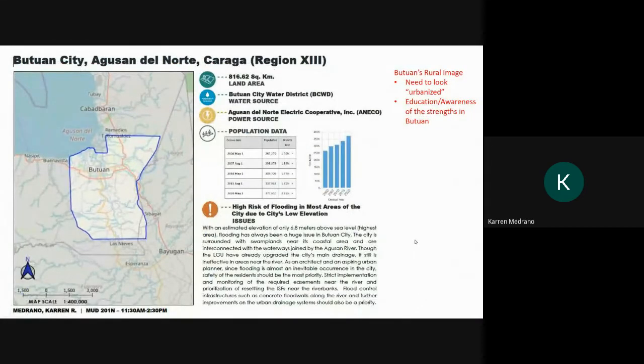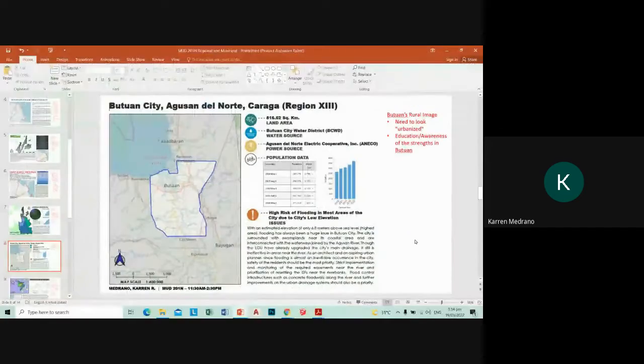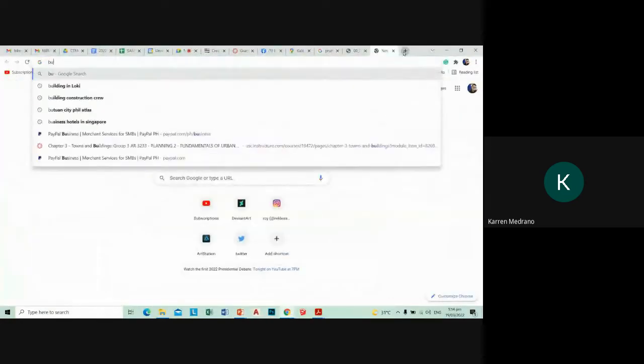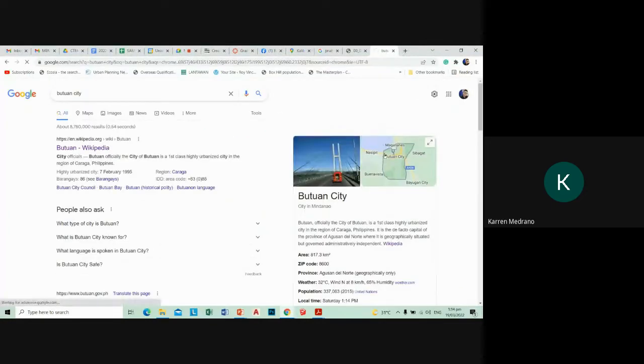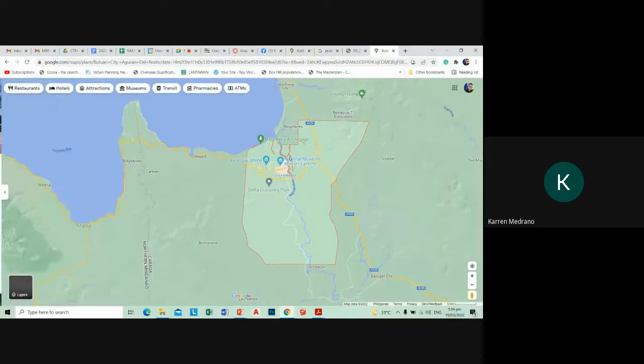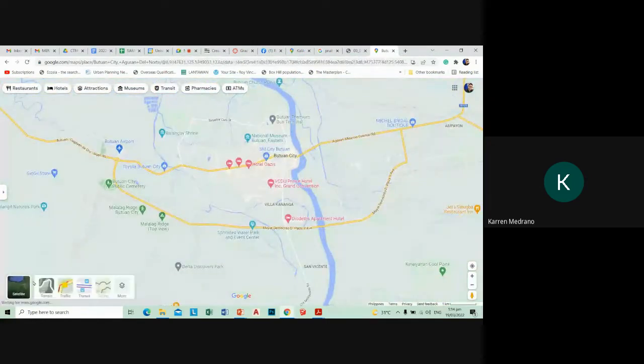It's more on social factors, people's misconception that a city isn't improving just because it doesn't look urbanized. There are no high-story buildings, but it's a good thing.